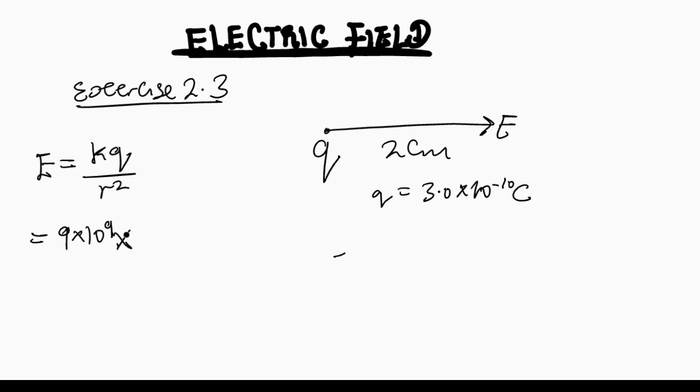Our Q is the charge, 3.0 times 10 raised to power minus 10, right? All over R squared. So this cm converted to meter is 0.02 squared. So when you press your calculator, anything you have is your final answer. I won't press it. You do the work yourself. So that's the answer there.